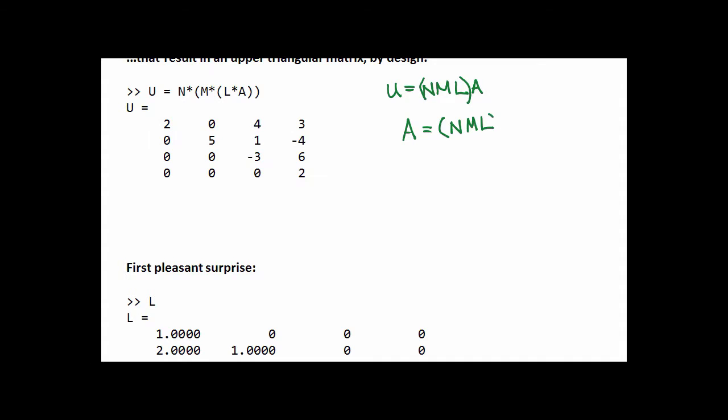So we multiply by the inverse of that product on the left times U. If we take the line above, we multiply by NML inverse on the left side of both sides of that equation, this is what we get. And that should mean that A is equal to, and this goes back to a property of matrix inverses, the inverse of a product is the product of the inverses in the opposite order, which you can check just by multiplying them together and getting the identity matrix.